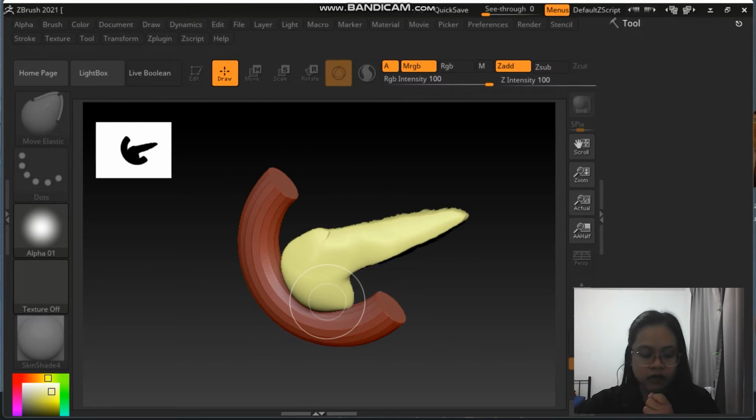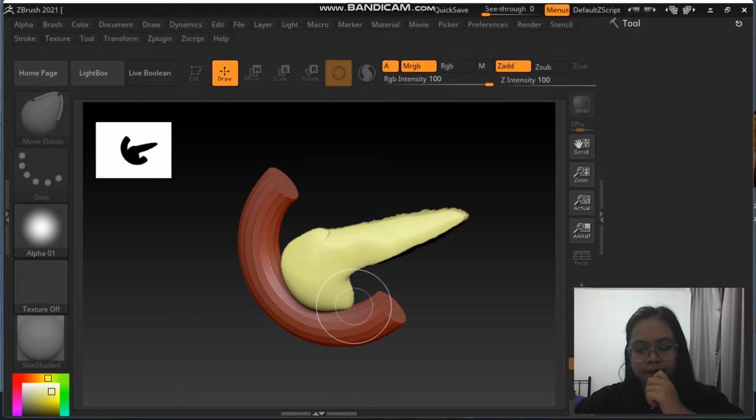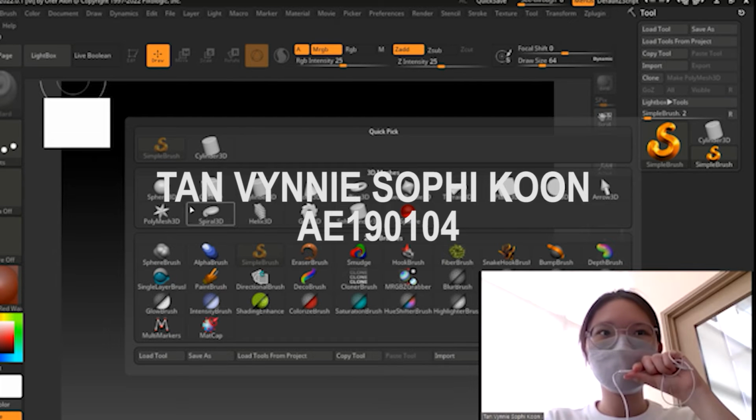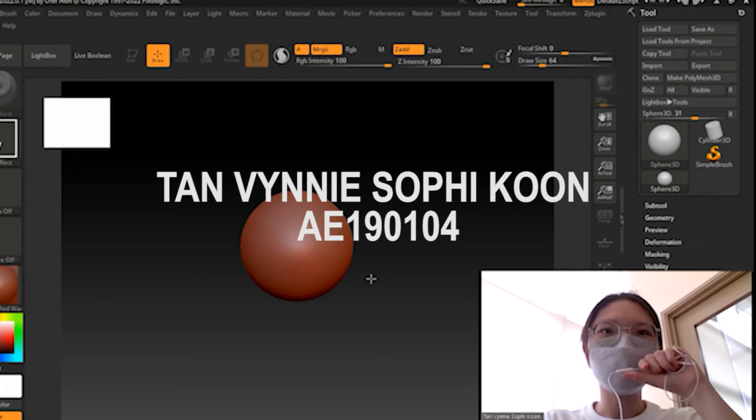For the endocrine function, the pancreas sends out hormones that control the amount of sugar in your bloodstream. How does the pancreas work? During digestion, your pancreas makes pancreatic juices called enzymes. Enzymes break down sugar, fat, and starches. The pancreas also helps your digestive system by making hormones.